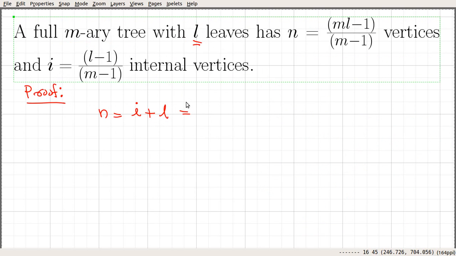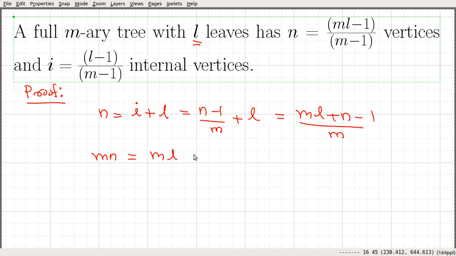Let's substitute that here. We get n equal to (n minus 1) divided by m plus L, and multiplying both sides by m we get mn equal to (n minus 1) plus mL.